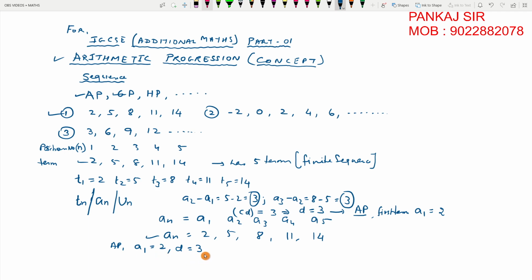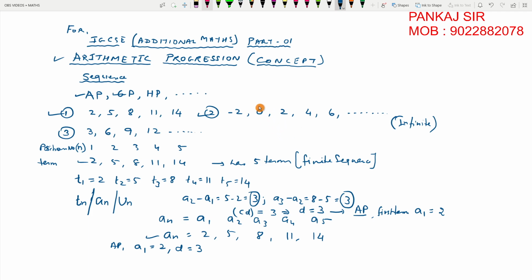Got it? Now let us try to analyze this example number 2. In this example number 2, you can see this is the sequence, but it goes on. So this is not a finite sequence, it is infinite. Now let us check whether it is an AP or not.